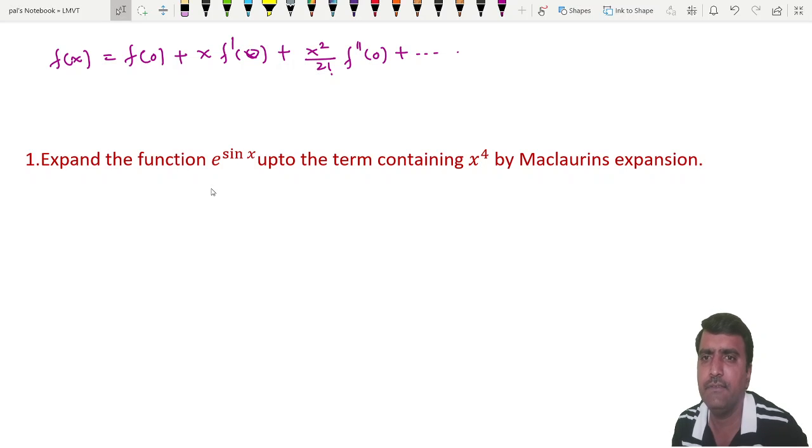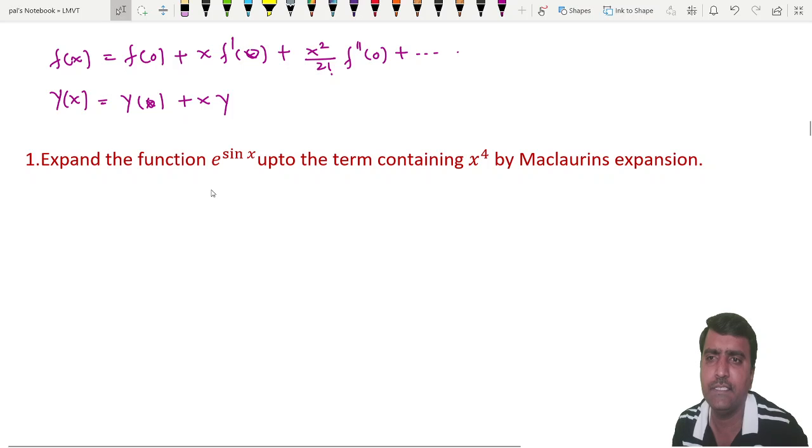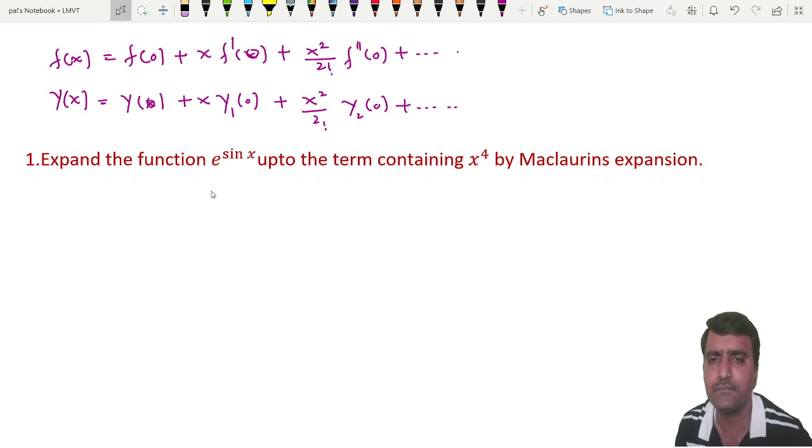Or if the function is given as y of x, the Maclaurin's expansion of y of x is y of 0 plus x into y1 of 0 plus x square by 2 factorial into y2 of 0. So like that it continues.